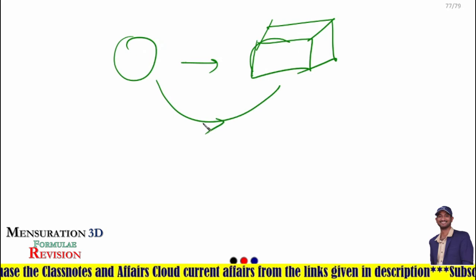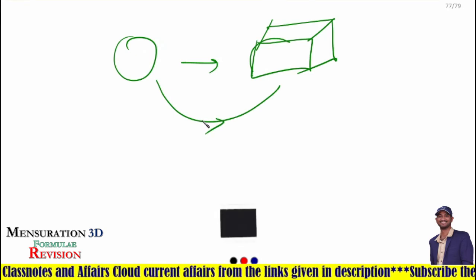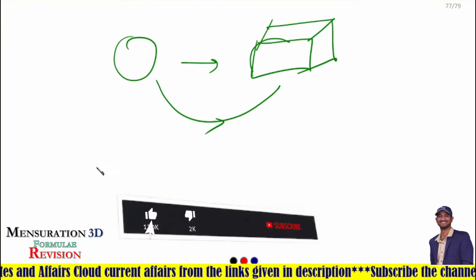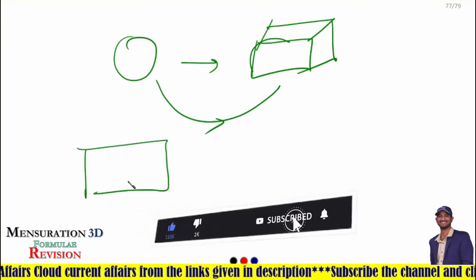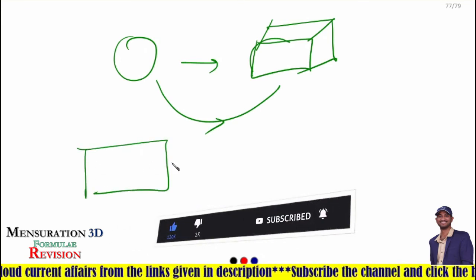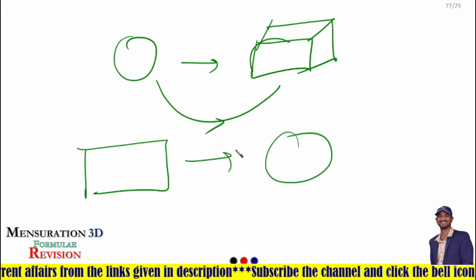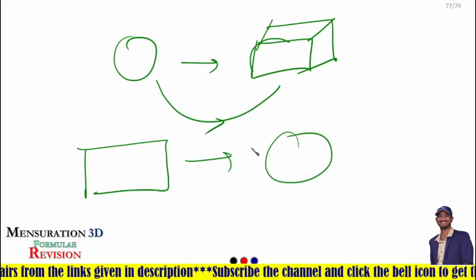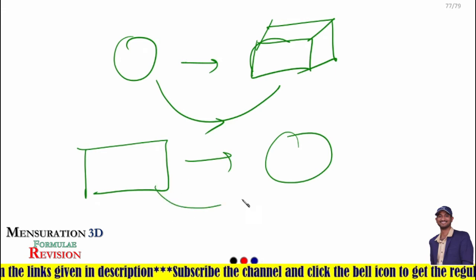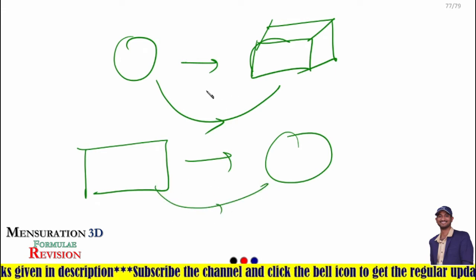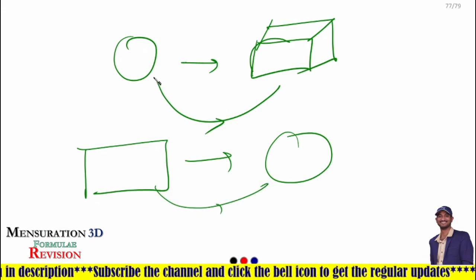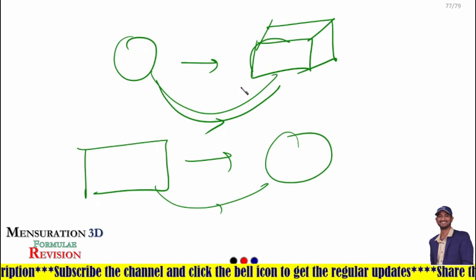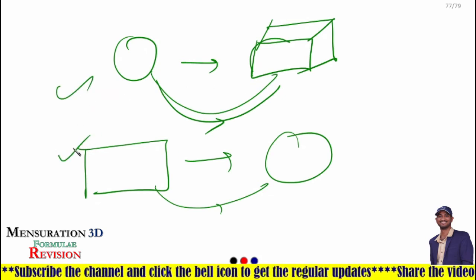In 2D mensuration, for suppose a rectangle is converted into a circle, then the perimeter should be equal. In the case of solid figures or 3D mensuration, you have to equate the volumes. Please remember these things.